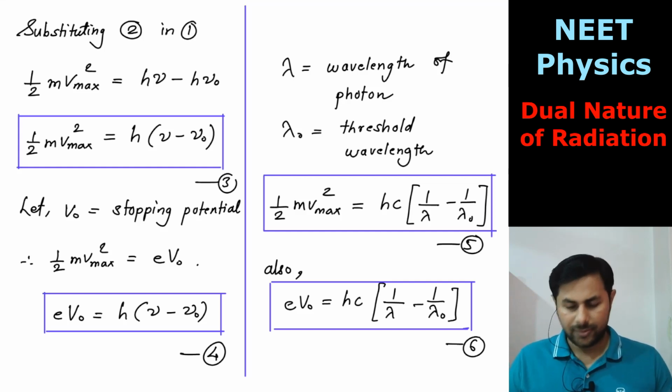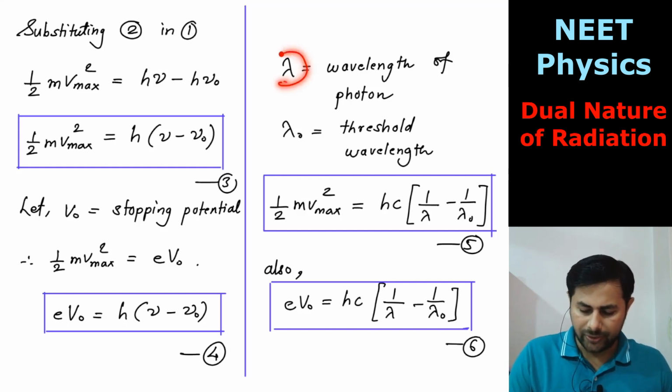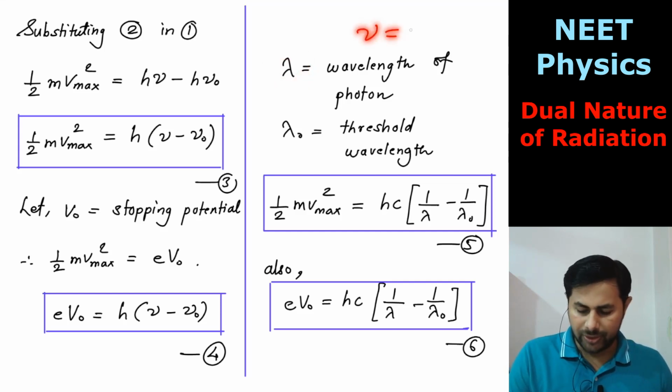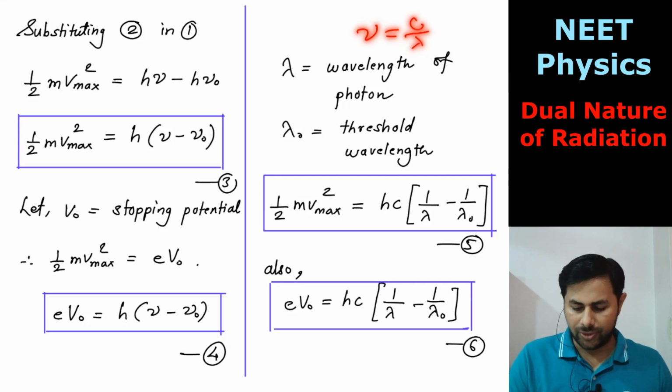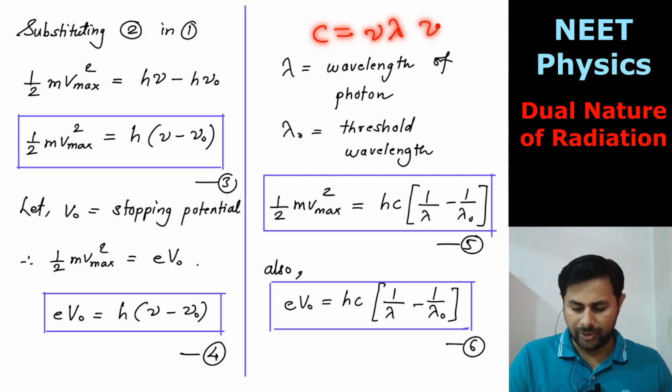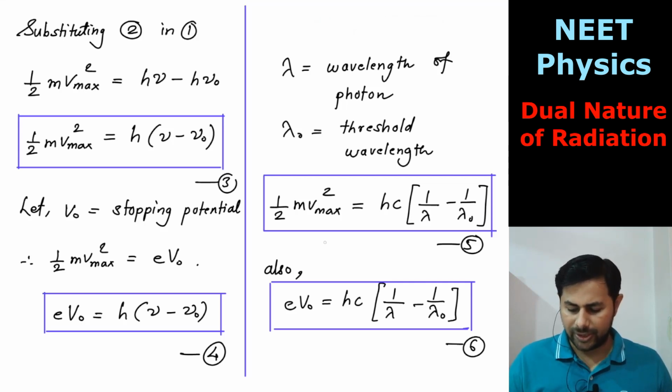Now what you can do is substitute that nu is equal to c by lambda, because you know c is the speed of light and it's equal to what? Frequency multiplied by wavelength, nu times lambda. So what would be nu? Nu is equal to c by lambda. You can substitute that.